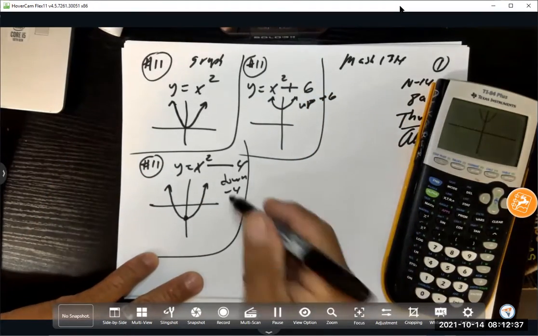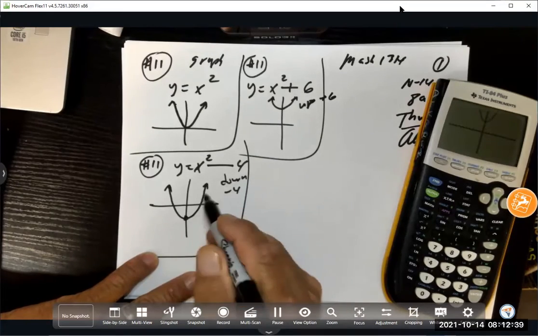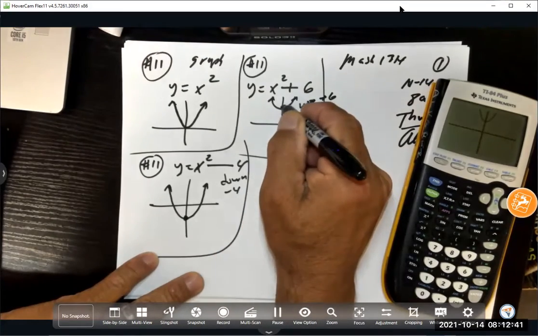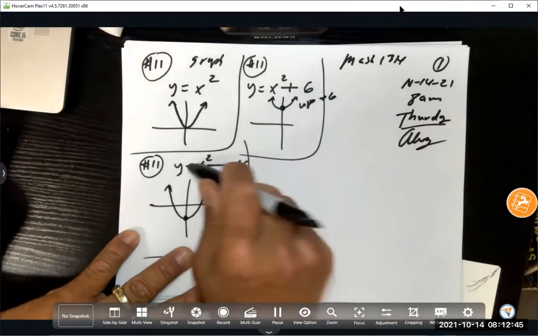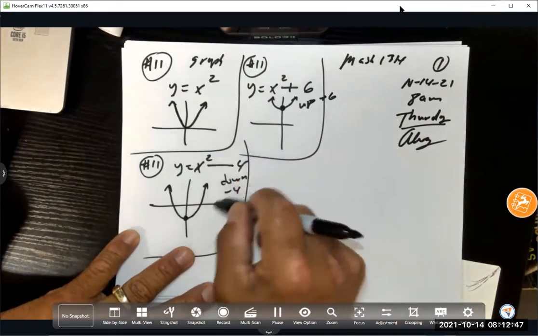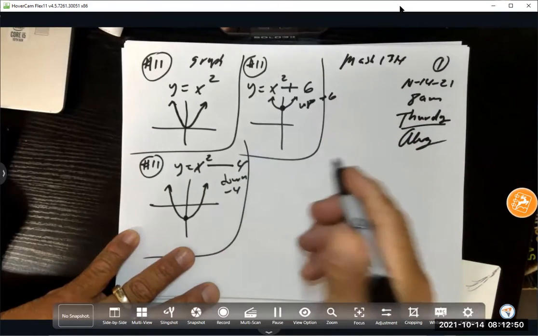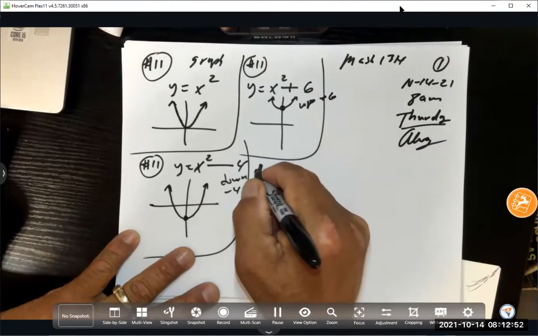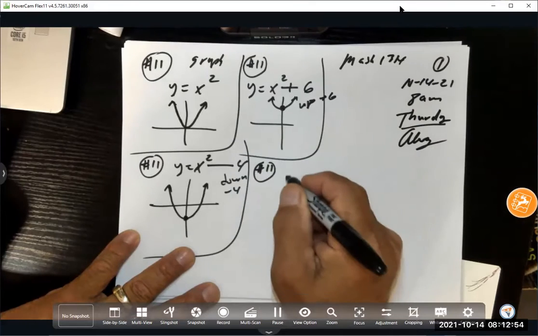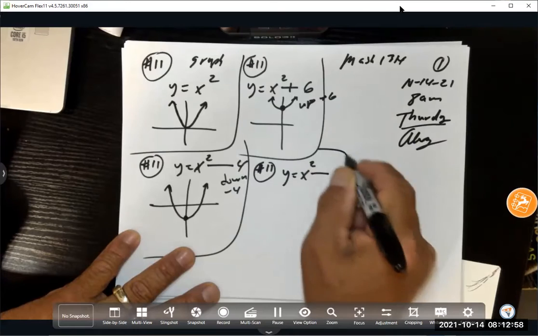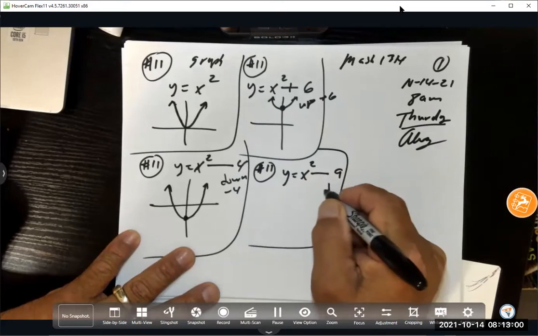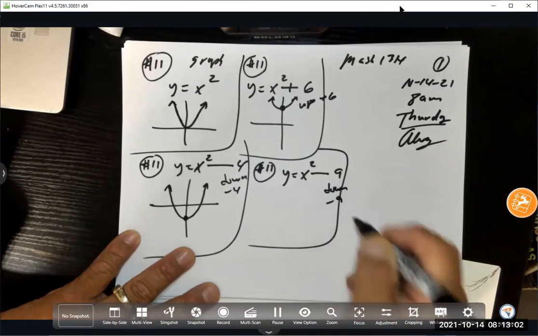This one goes down here, and this one goes up here. So if you put the number outside of the original function, minus 4 brings it down, plus 6 brings it up. If I do another one, y equals x squared minus 9 is going to push it down also, minus 9.